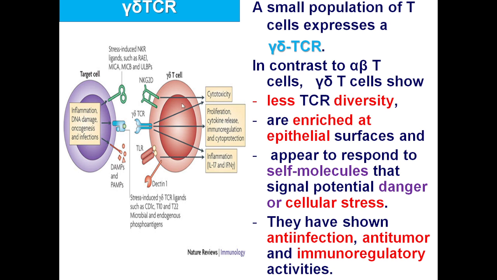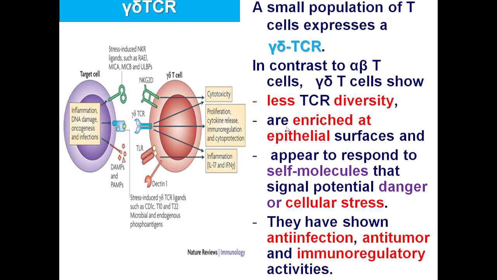Of course, this gamma delta TCR shown in this figure is on a T killer cell, a CD8 cell, because the MHC1 molecule may be recognized by the CD8 receptor of this cell that is not shown here. And if the target cell has MHC1, of course, this T cell is a killer. Gamma delta T cells have less T cell diversity compared to alpha beta. It means the number of antigen variants that can be recognized by gamma delta TCR is lower than the number of variants that may be recognized by alpha beta.